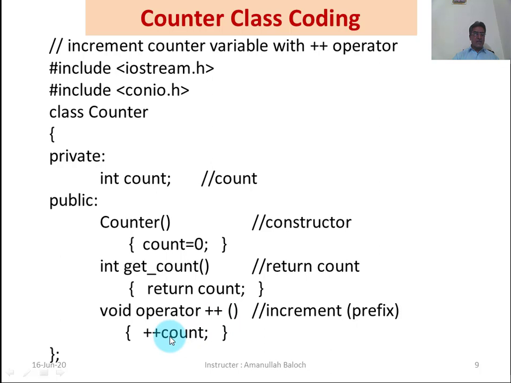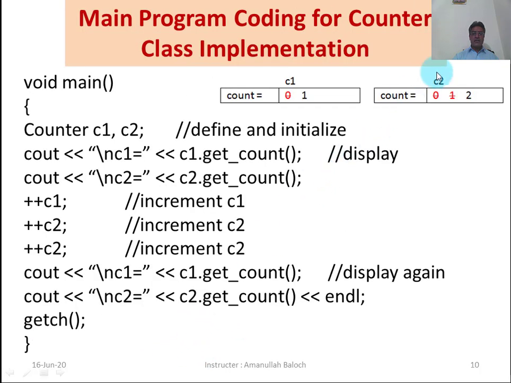This count is attached. This count is that count. This specific count belongs to that count which is here with C2. So this will be incremented from 1 to 2. The final value of count of C2 will be 2.